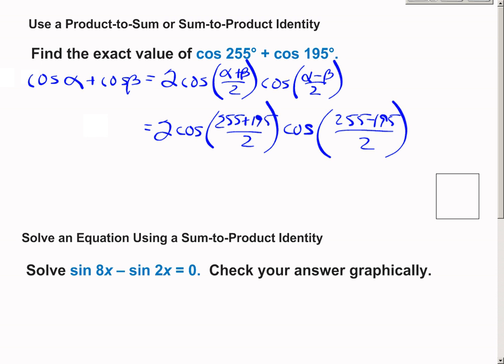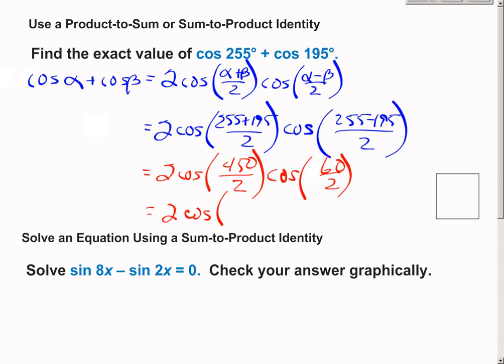Working out our expressions in the parentheses, 255 plus 195 is 450 divided by 2, and 255 minus 195 is 60 divided by 2, or 2 cosine of 225 cosine 30.